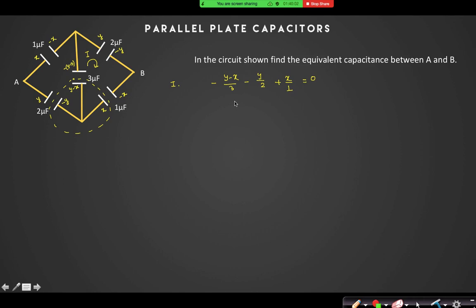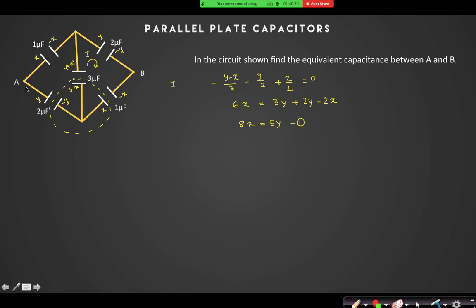So I can say that 6x is equal to 3y plus 2y minus 2x. So 8x equal to 5y, that I have got from the first equation. I think for the second loop I will also get the same equation, right? So we are getting the same, no need to write any other loop equation.